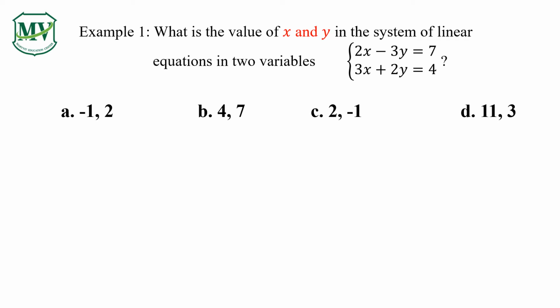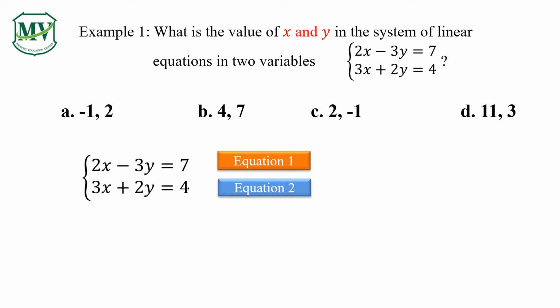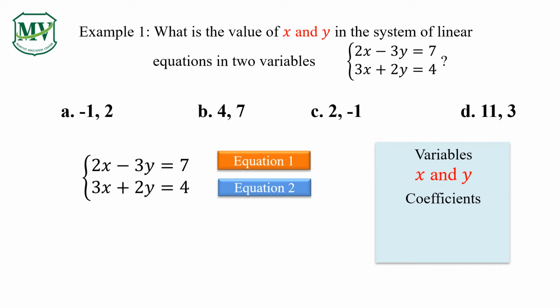In the given system of linear equations in two variables, what are the variables? The variables are x and y. How about the coefficients? In equation number 1, the coefficient of x is 2. The coefficient of y is negative 3.